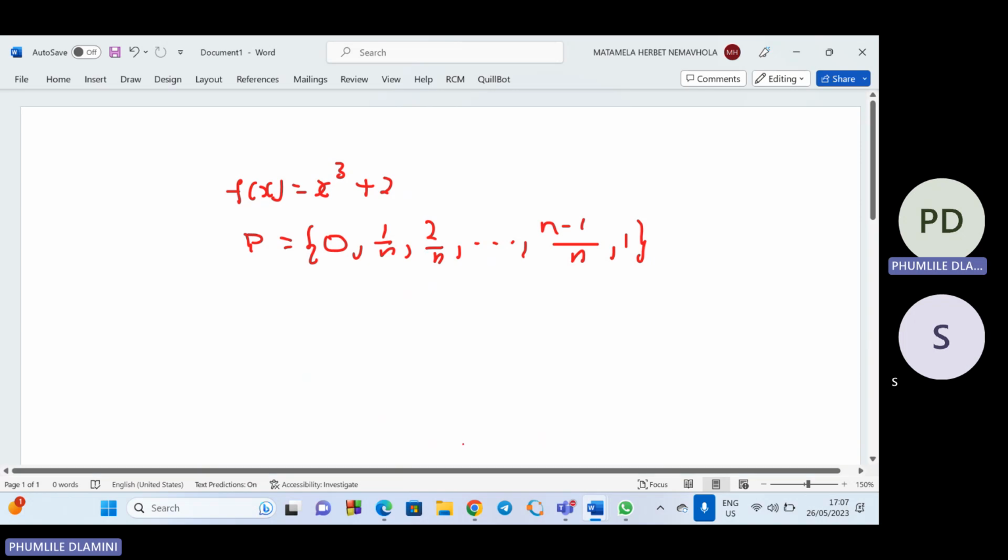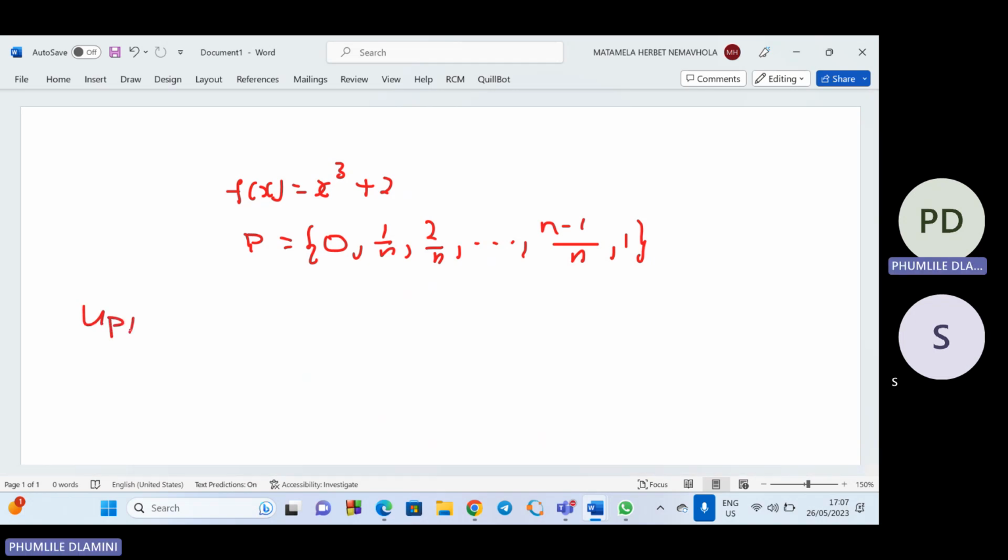So now the first thing we have to talk about is, what is the upper sum? While I'm giving you the definition, I will be answering this question.